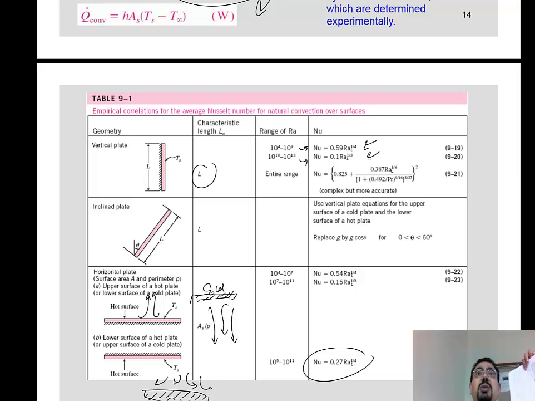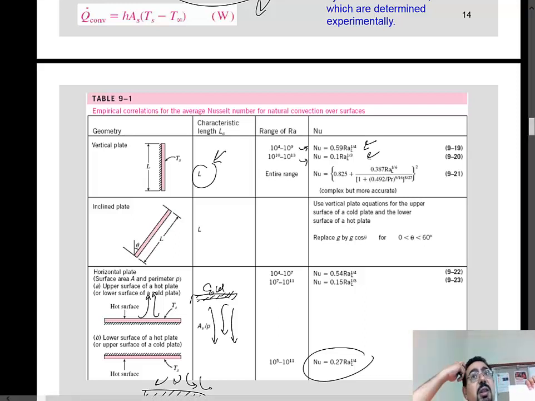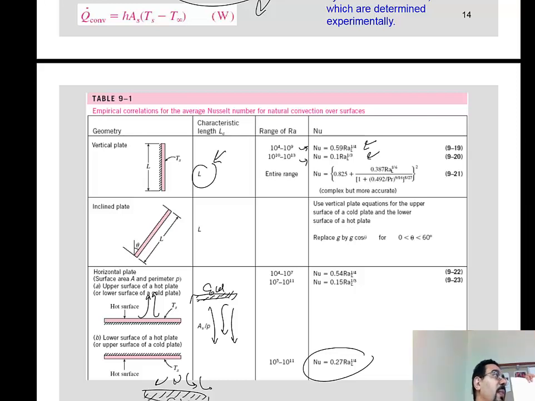Which length should you use? It's not just that it's 4 because this is what the table is telling you, but you should also tell yourself that 3 is not really important. Why? Because the convection happening here is the same as the convection happening here and here. This is just a repeat of the same flow.